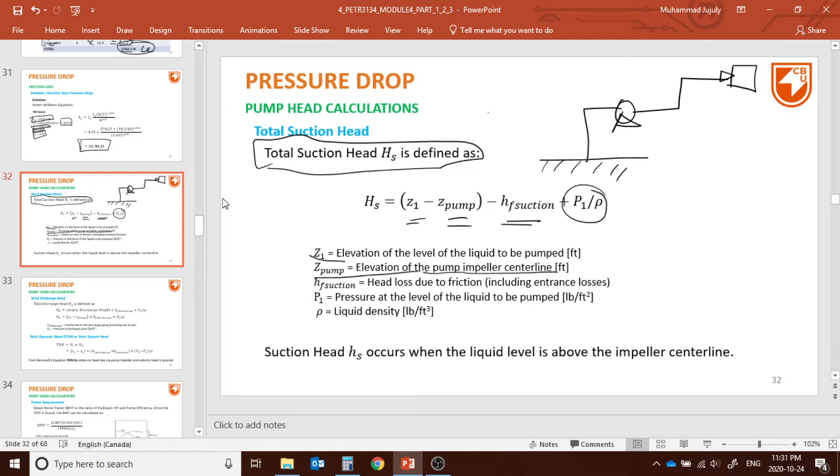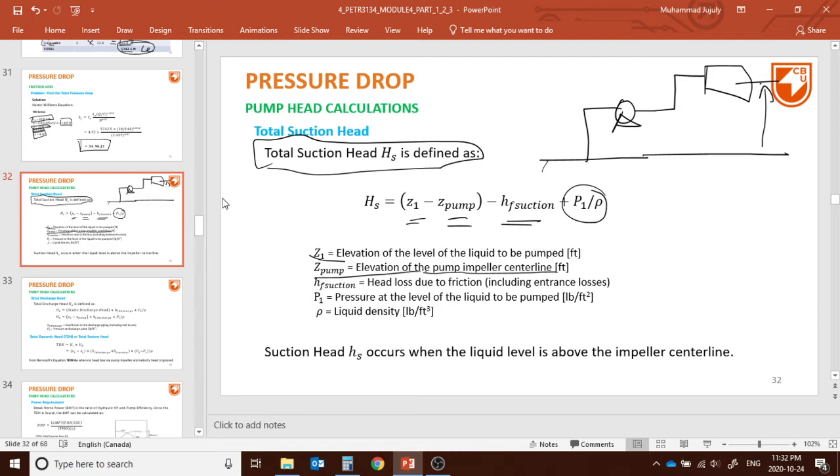What happens if this is the ground? This one is Z1, the elevation of the level of the liquid to be pumped. So this is the ground, for instance.